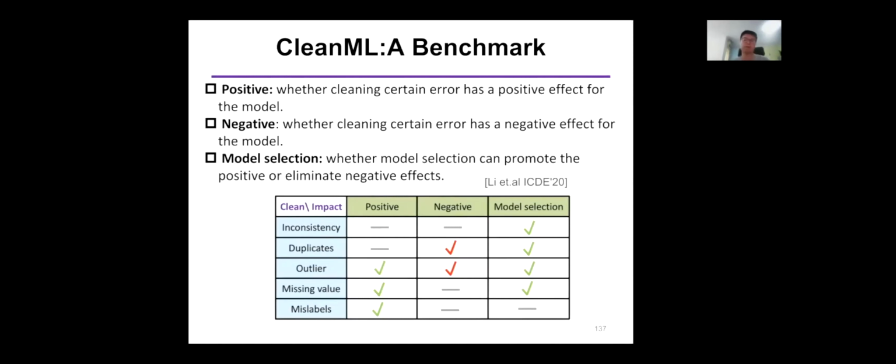For another example, cleaning the outliers may have positive or negative impacts on the machine learning tasks, which highly depends on the specific machine learning task or data size. What's more, making the data more consistent is not likely to influence the model, but model selection increases the probability of having positive impacts. And verifying mislabels and imputing missing values have positive impacts on the machine learning tasks.